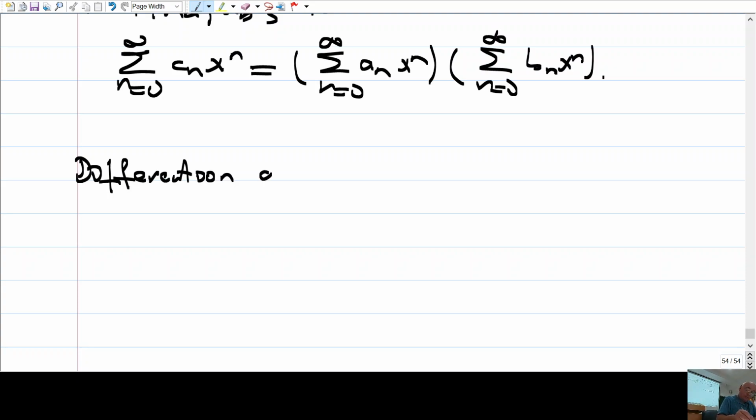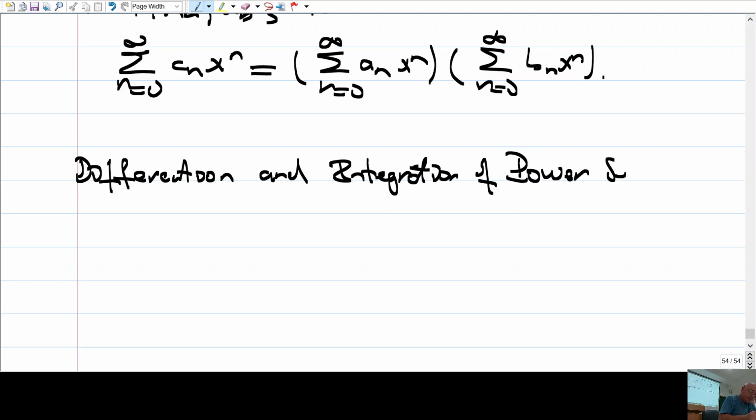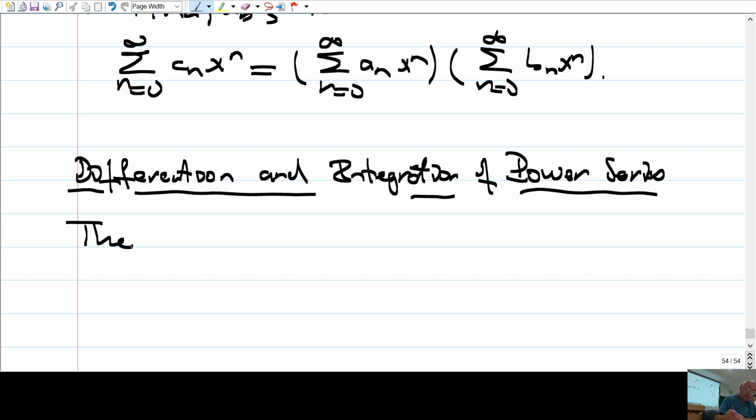Differentiation and integration of power series. Okay, let me just write down the theorem, and then we will do some examples and see how we use these results.